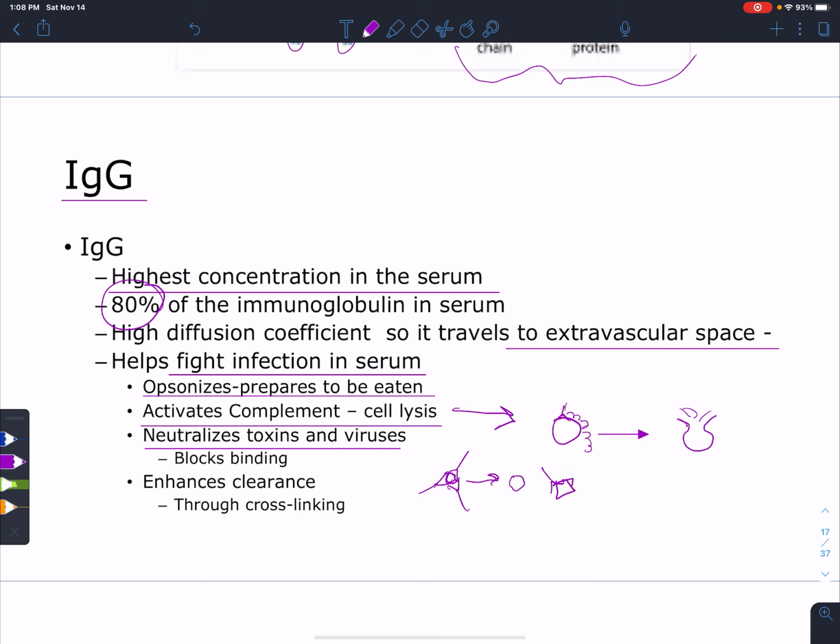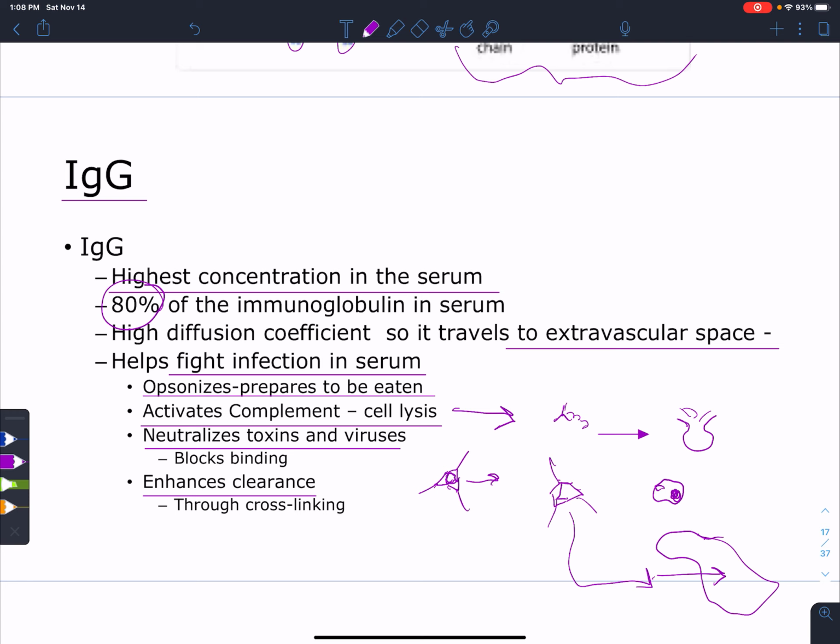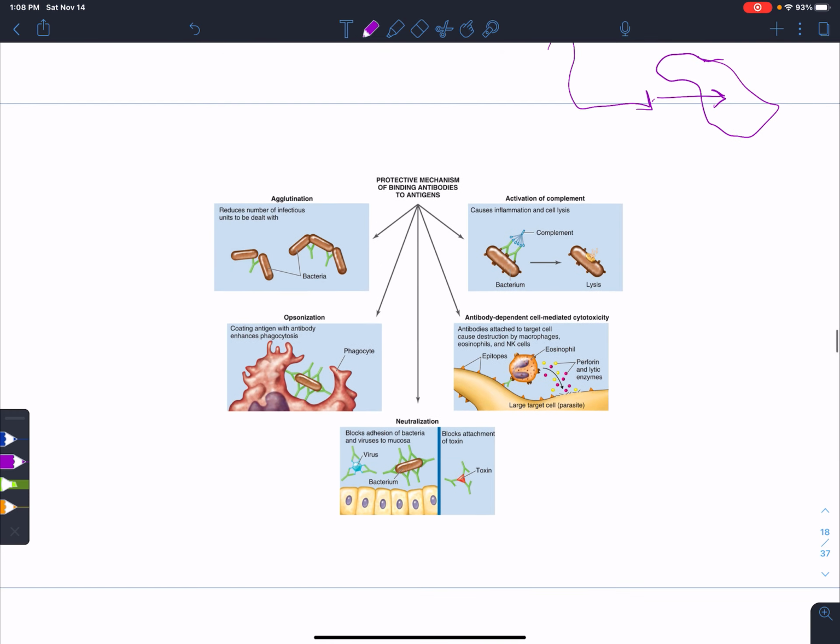So they work by that. Enhances clearance. Now that this guy's covered with antibodies, as it flows through, remember our spleen, as it flows through the spleen, it's going to clear it out of our circulation, get rid of it.